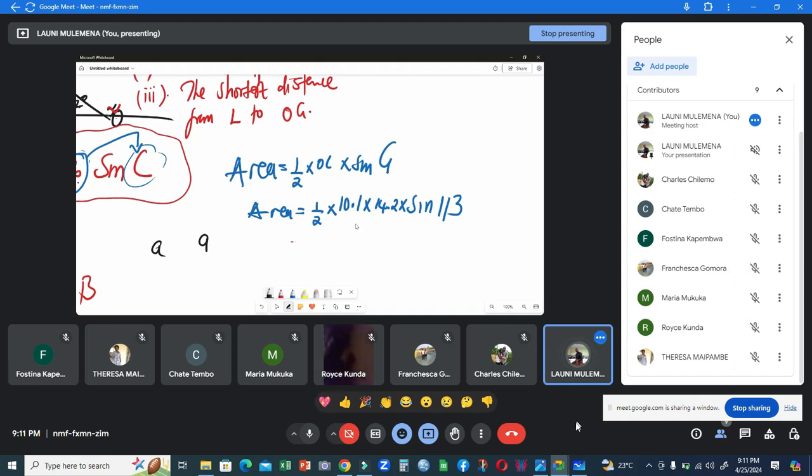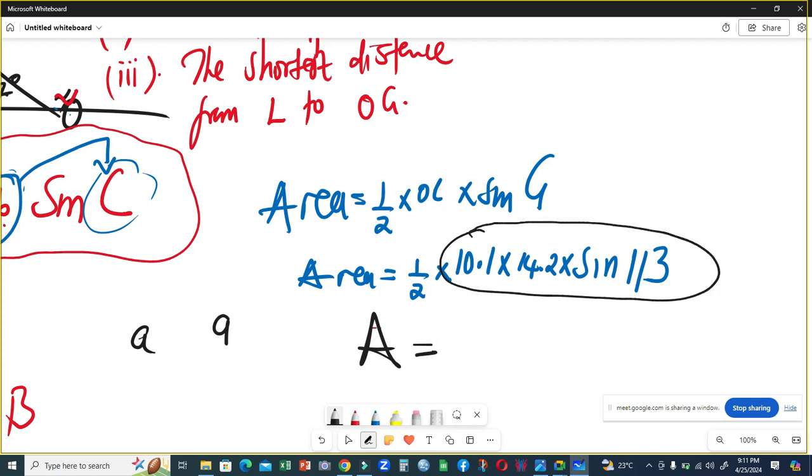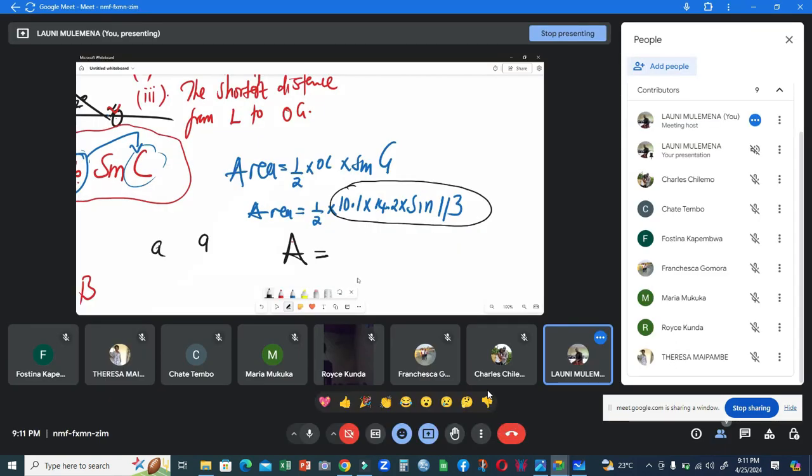Okay, if not, let's go ahead. So area is equal to, now let's multiply what is on top: 10.1 times 14.2 times sine 113, multiplied whole over 2. What's our answer? Anyone with a calculator who has multiplied? Feel free.